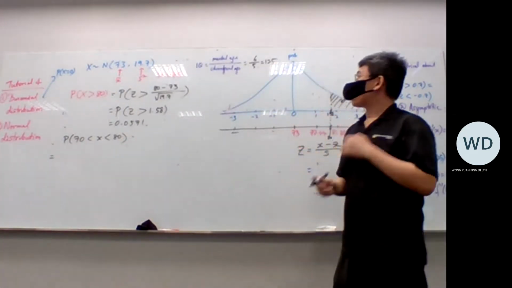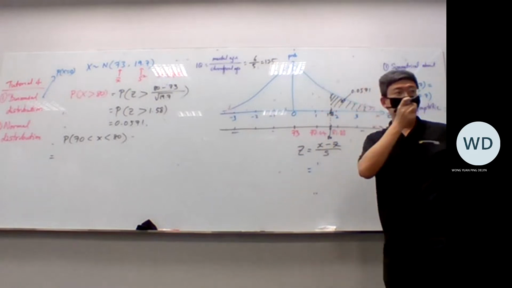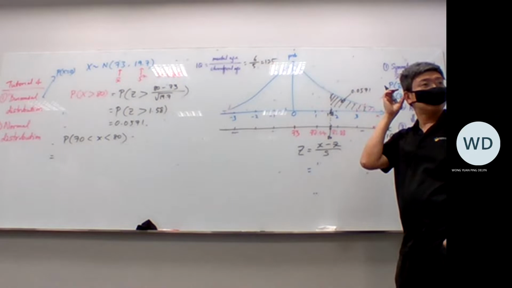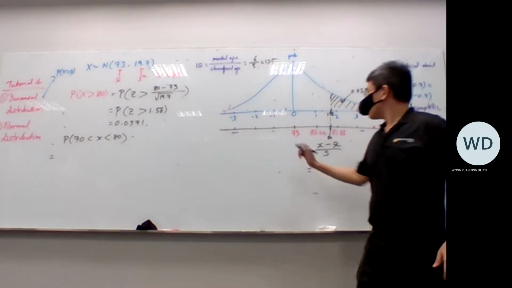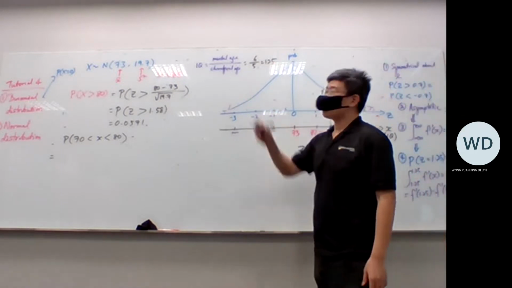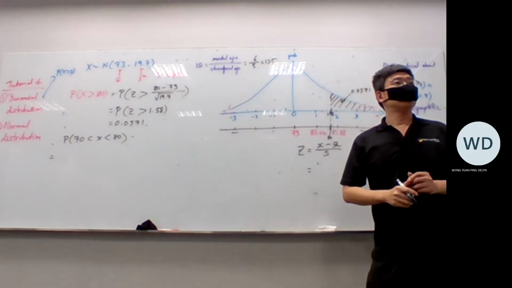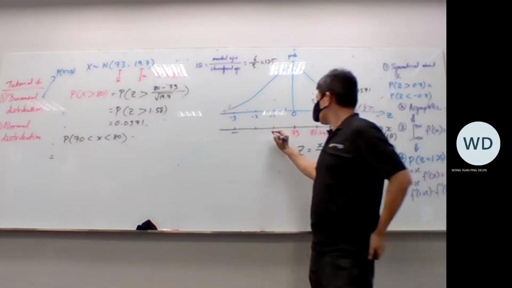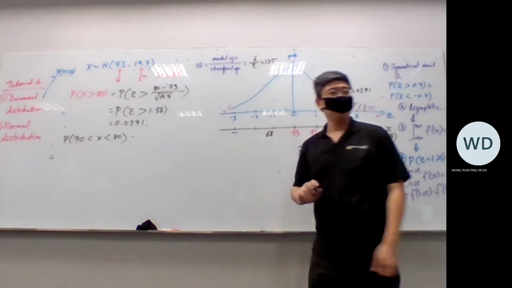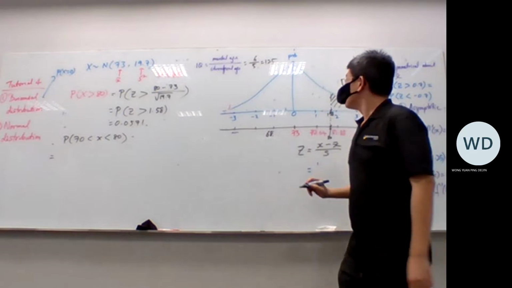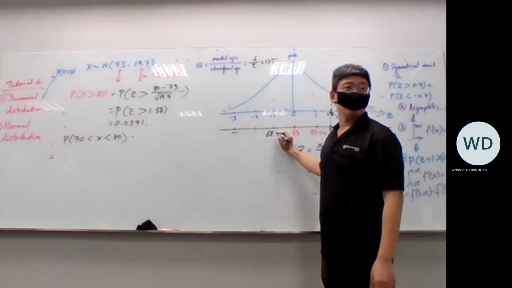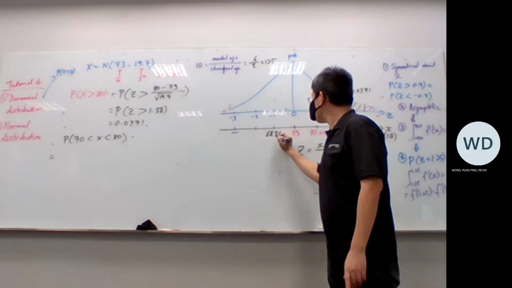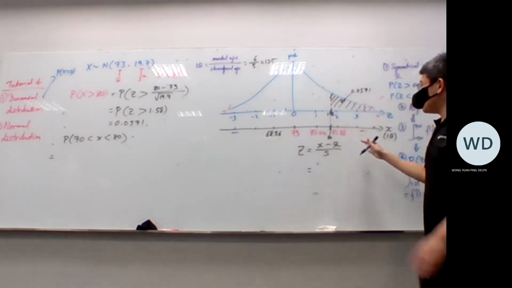What is 73 minus 4.44? Use a calculator, don't need to do it by hand. It is 68.56. So you want from 70 to 80. 80 we already know.